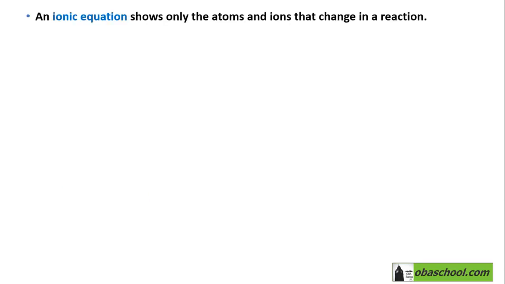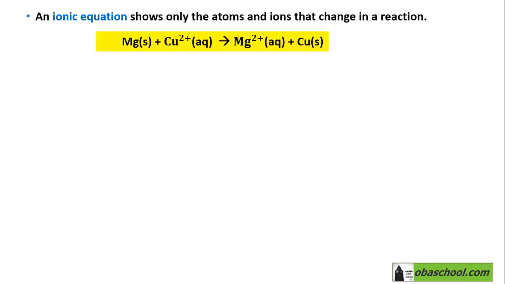Now, one thing to shed light on is the ionic equation. An ionic equation shows only atoms and ions that change in a reaction. So we have only the magnesium and the copper that are changing. So that's the only thing that I include in the ionic equation. Mg plus Cu2+ gives Mg2+ plus Cu.